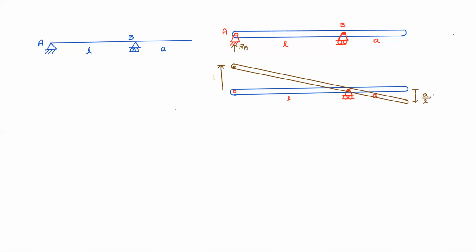So now I can draw the proper ILD very easily. See, this is the horizontal line. Here it goes 1 unit, and here A by L, like this.